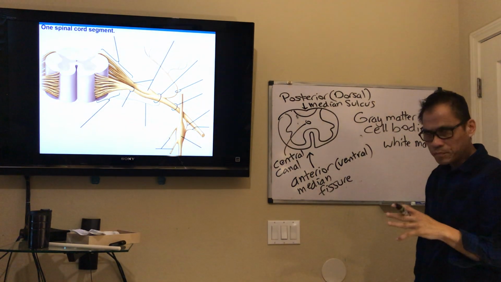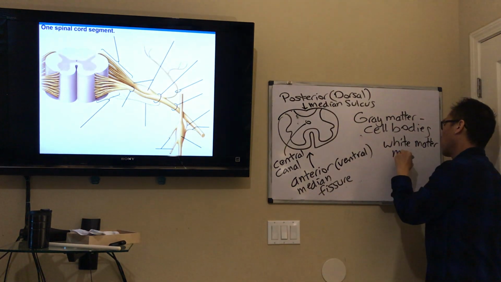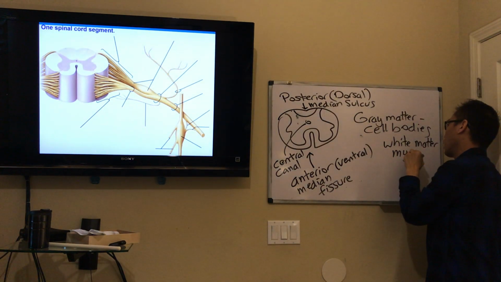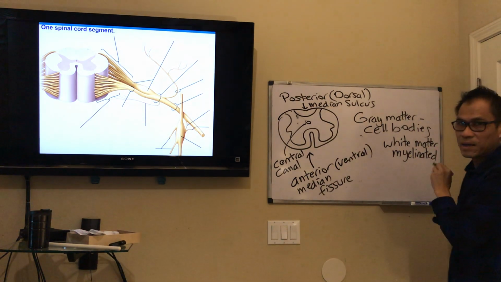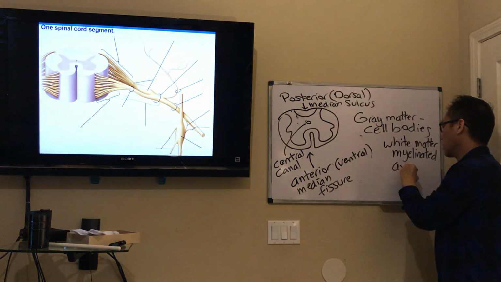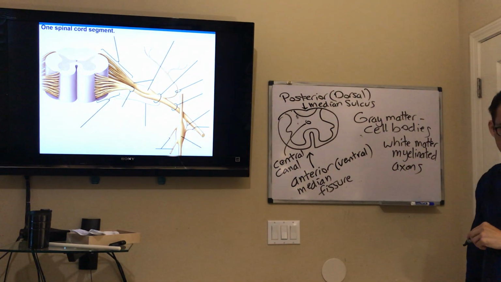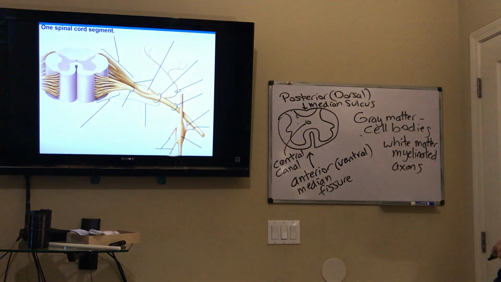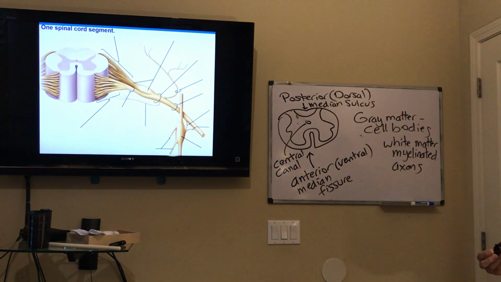White matter, mostly axons, the myelination of it. So I'm writing myelinated axons. So copy that down, I'll erase those terms and we'll draw some of those nerve roots.